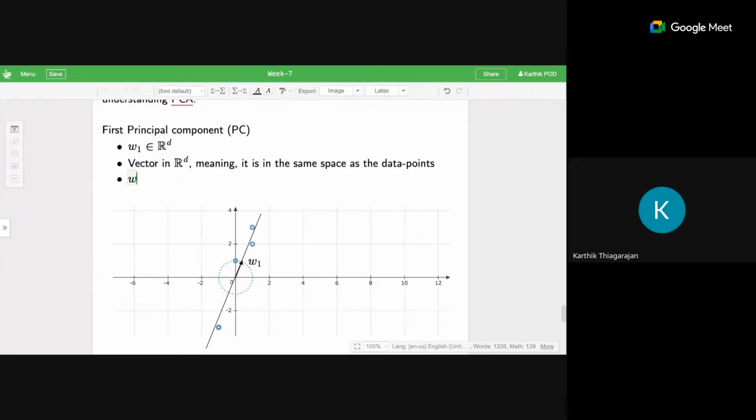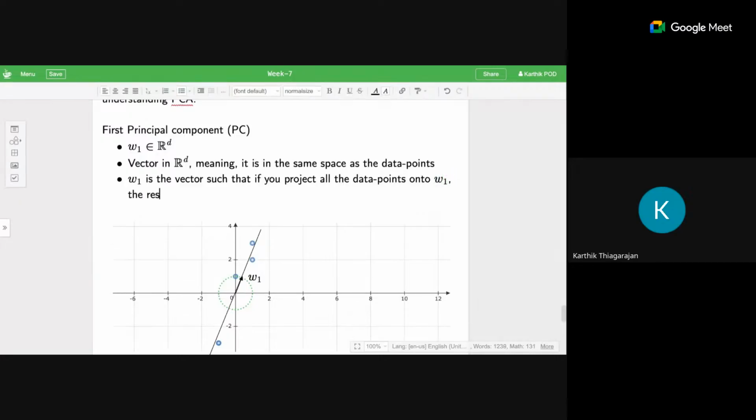W1 is the vector such that if you project all the data points, in this case 4 of them, onto W1, the reconstruction error will be minimum. Okay, so that is the W1 that we have found out.